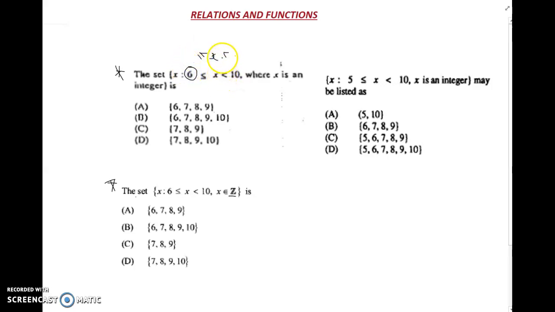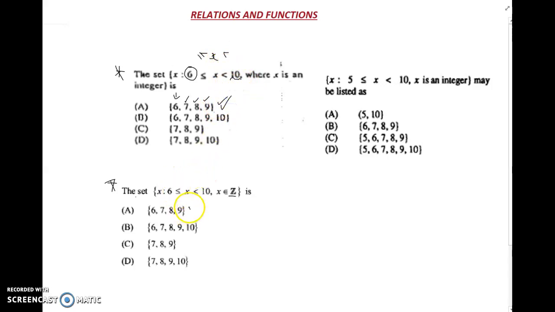And here there's no equal line, so we are not including the 10. So it's less than 10, the number we end on will be 9. So it's ready from 6. We must include 6, 7, 8, 9. We are not including the 10 because there's no equal line underneath there. So our answer is A.